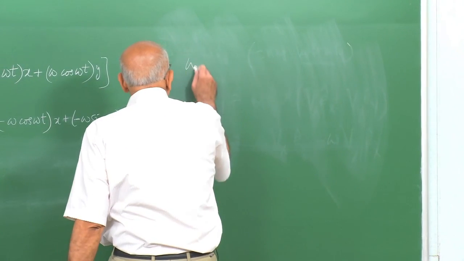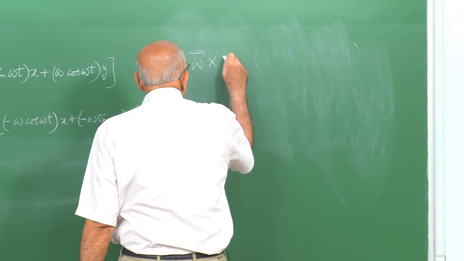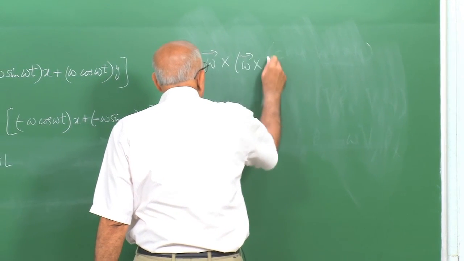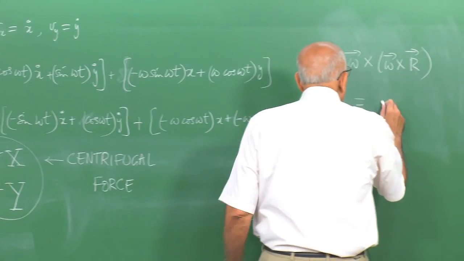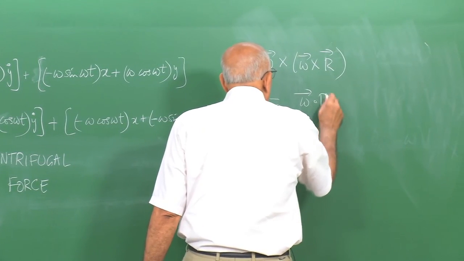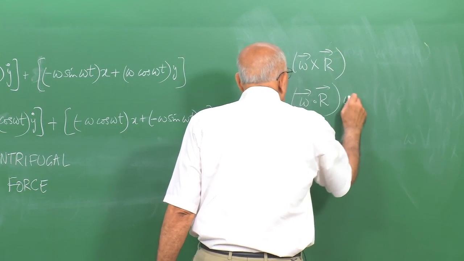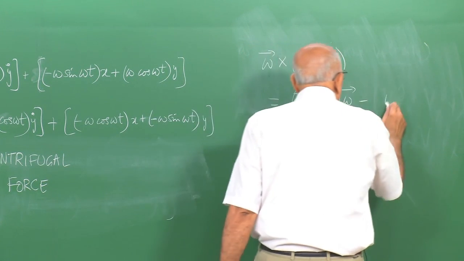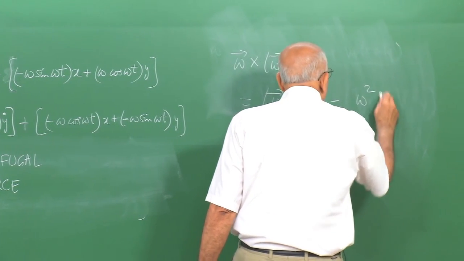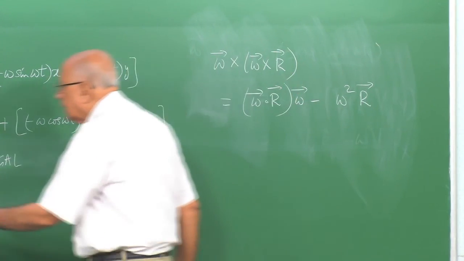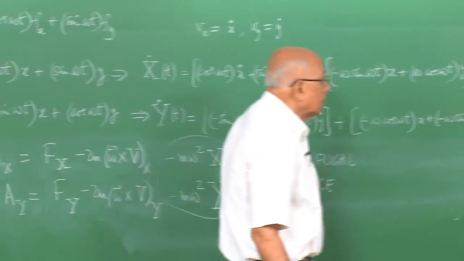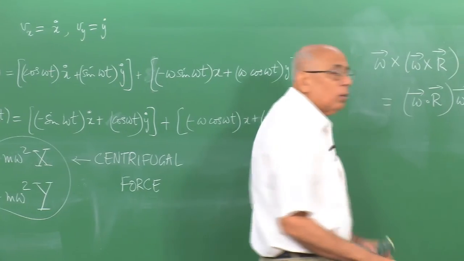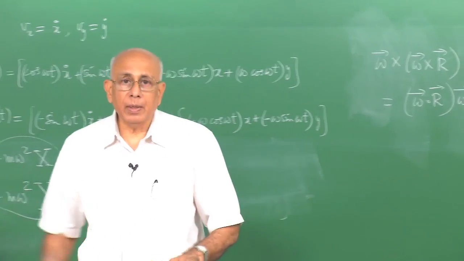If you look at what omega cross omega cross R is and use the vector triple product identity, then it is equal to omega dot R times omega minus omega dot omega, which is omega squared times R, and that is precisely what we have here apart from the factor m. Omega dot R is 0 if R has only x and y components, as we have assumed.